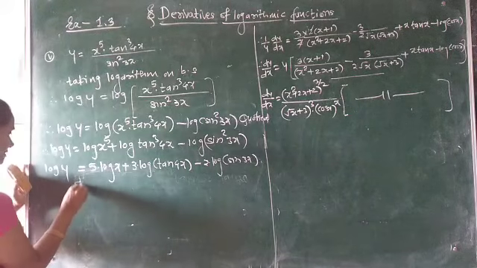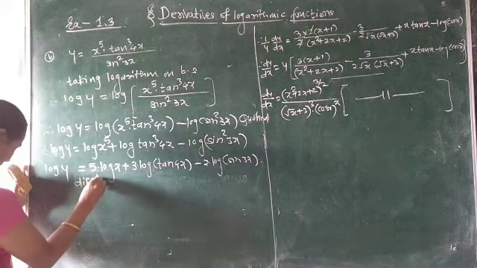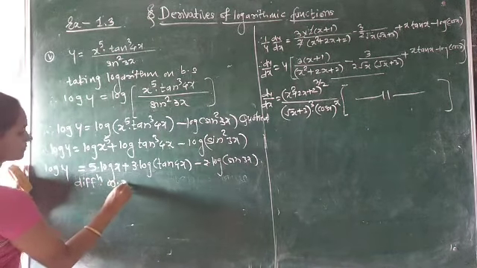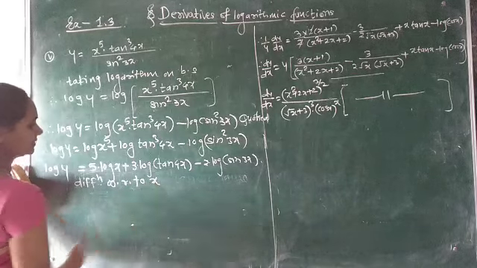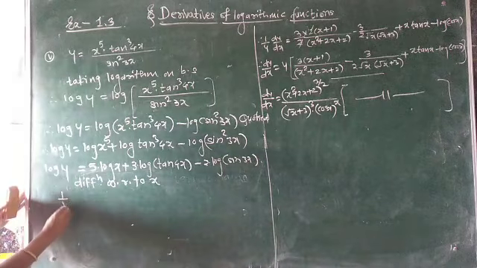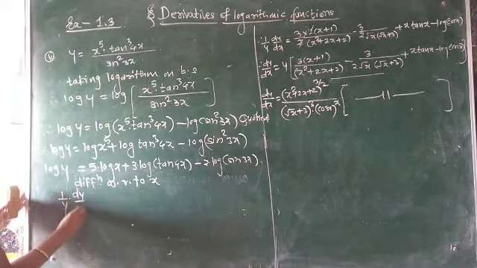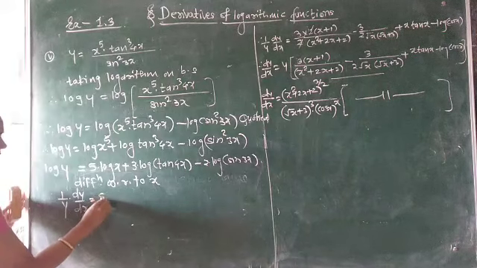Now we differentiate with respect to x. Now what is the derivative of log y? 1 upon y into dy upon dx. This 5 is constant.